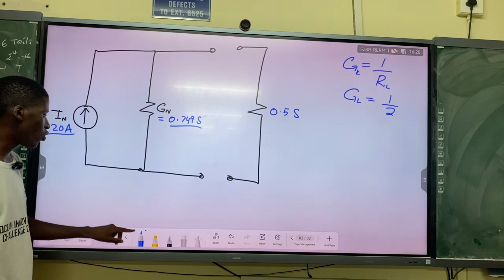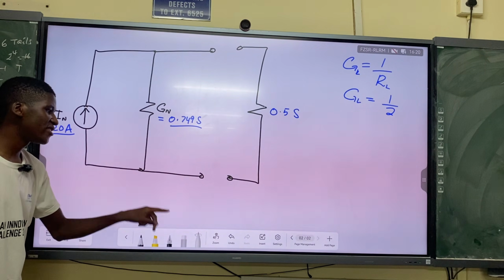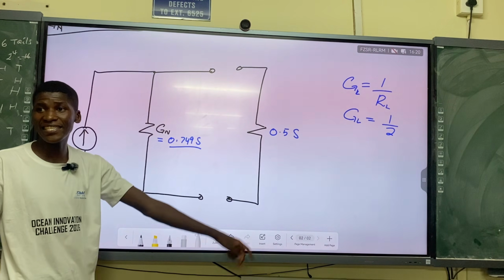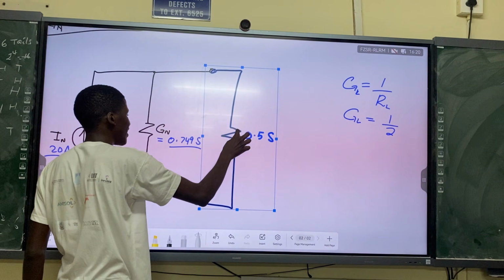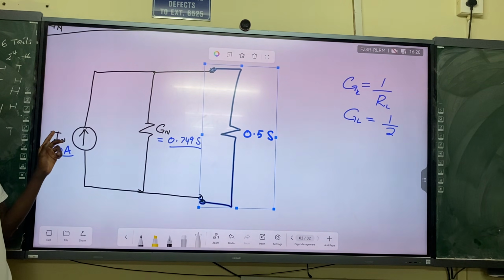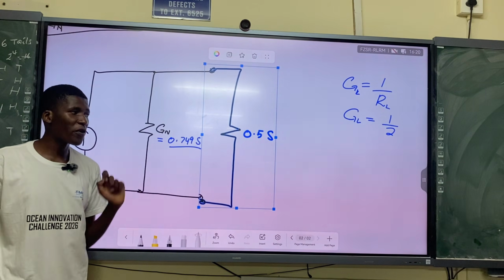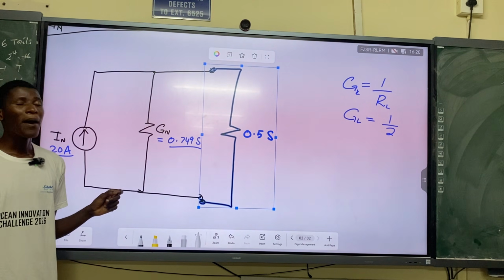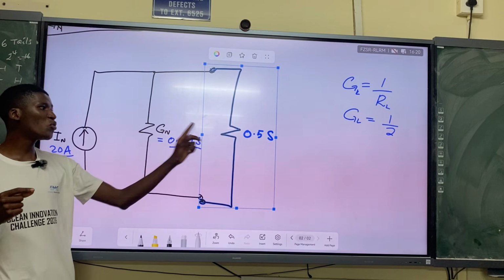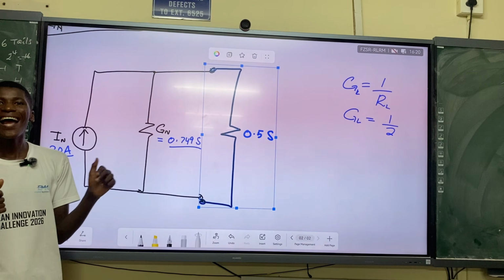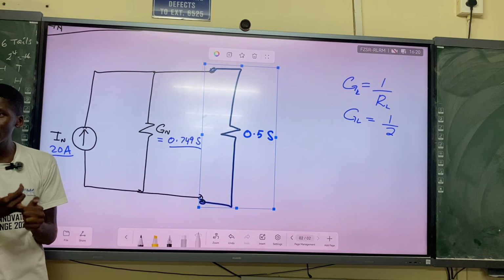Now you apply your usual laws from high school to find the current here. Let's go back properly. We have IN and GN, and 0.5 there, right? Please, I'm asking: are these two resistors, these conductances, in series or parallel to one another?